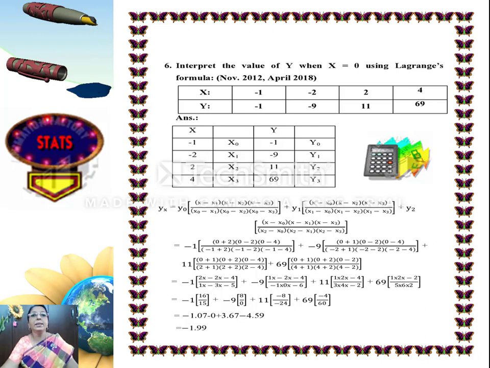So hence, since the given values are in unequal intervals and what we have to find is also in an unequal interval, we are applying the Lagrange's method. And we arrive at the value of the answer as minus 1.99.